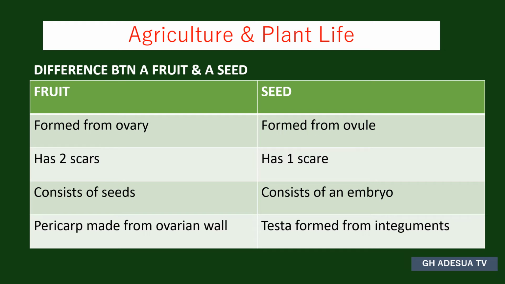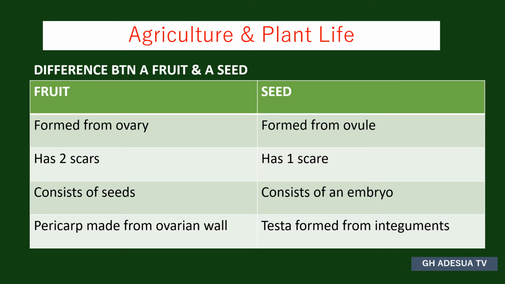The ovule is within the ovary, so the seed is found in the ovary, and that is the ovule. It's the ovule that develops into the seed, while the ovary itself develops into the fruit.